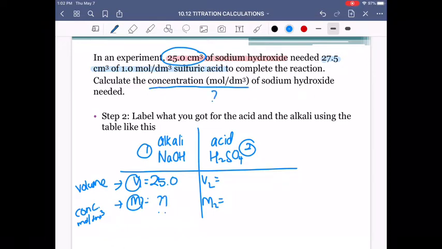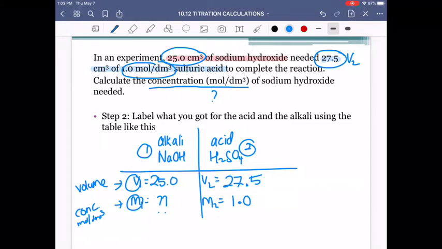Next is the acid, your sulfuric acid, 27.5 cm³. This will be your V2. M2 is 1.0 mole per dm³. Just put the number 1.0. Here you go.